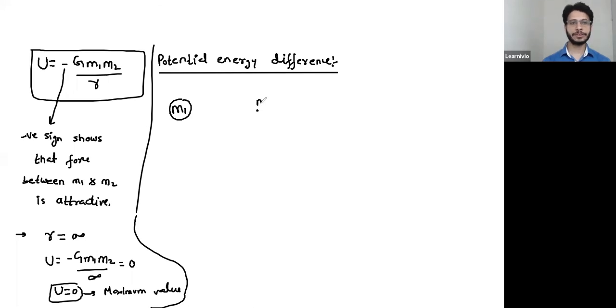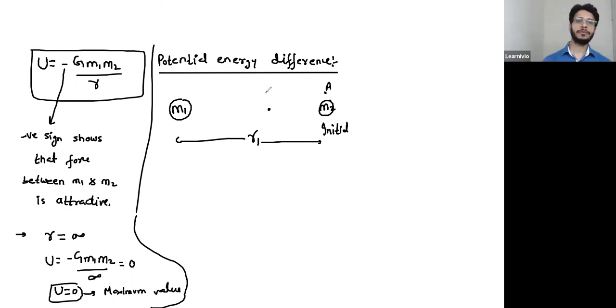I first place mass M2 at some point A, and I call this point the initial point. This separation is R1.